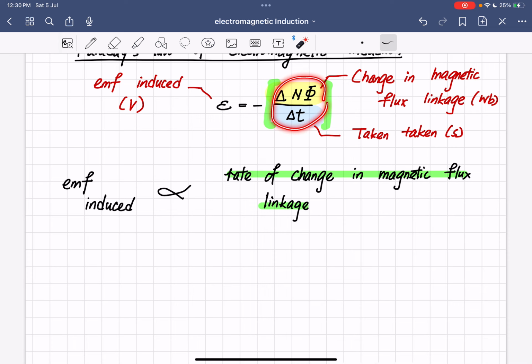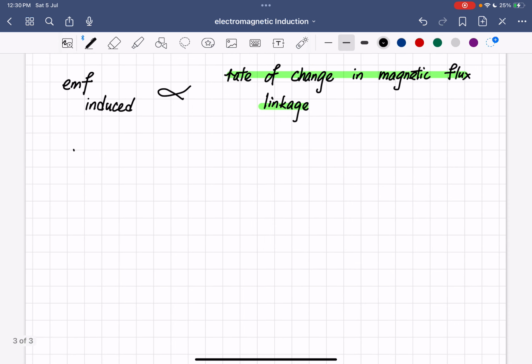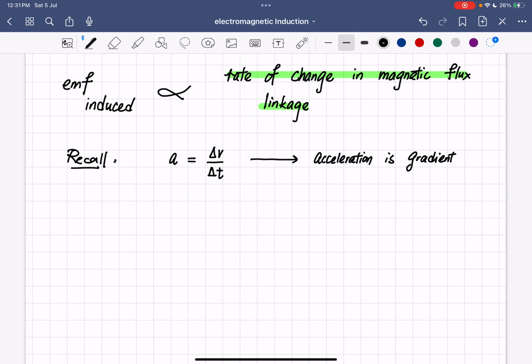So this one should remind you of change in velocity. For example, we have learned in book 2 that the acceleration is the change in velocity over change in time. We also did not do any differentiation, but we understand this as acceleration is the gradient of the velocity time graph.